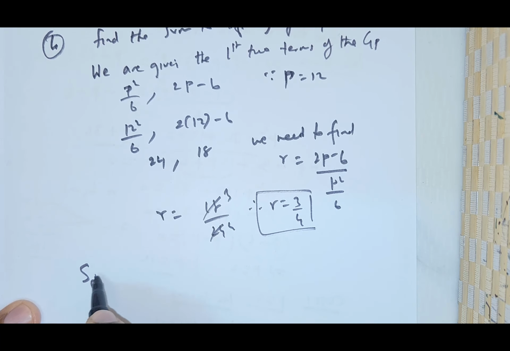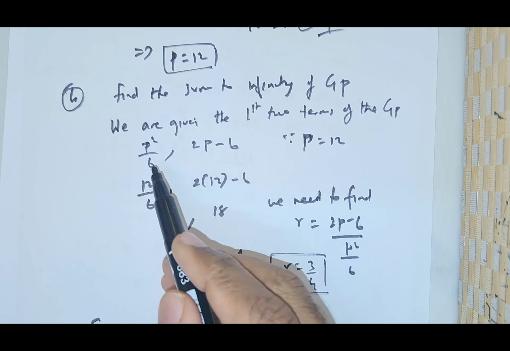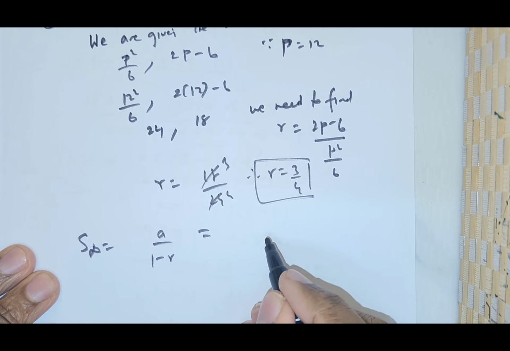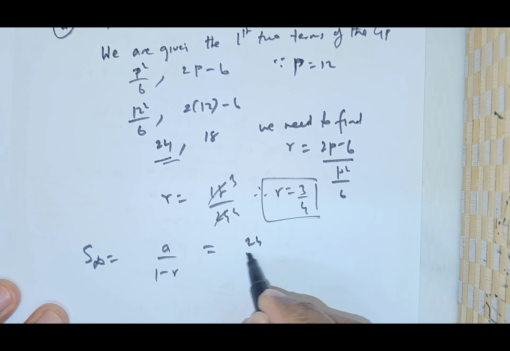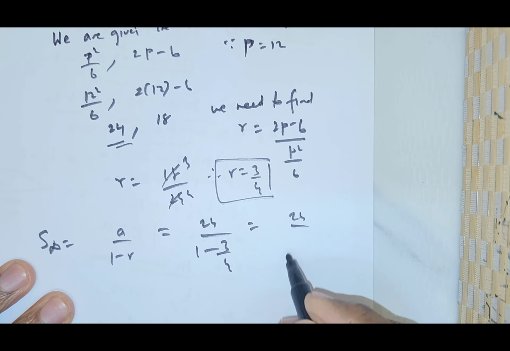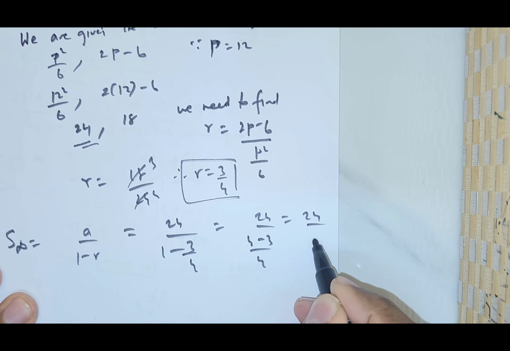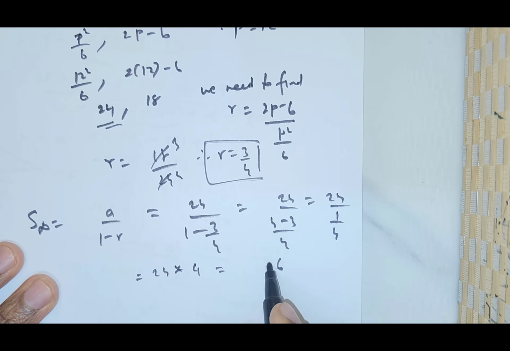Now the sum to infinity, S infinity, is a over 1 − r. We have already been given the first term as p squared over 6, and that has been evaluated to be 24. So 24 divided by 1 − 3 over 4, which is 24 over 1 over 4, which is 24 multiplied by 4.